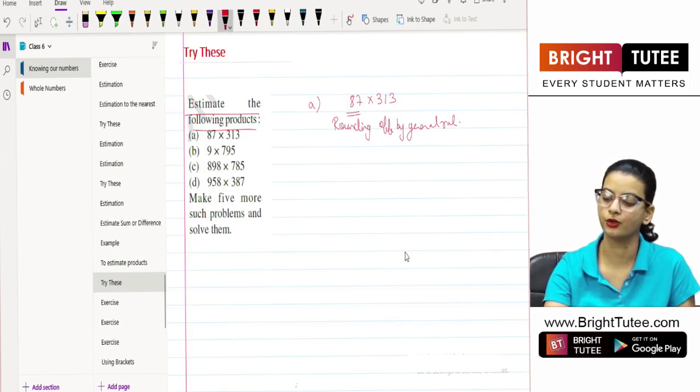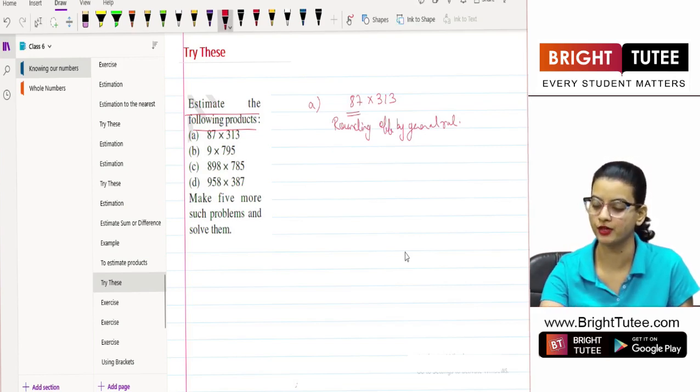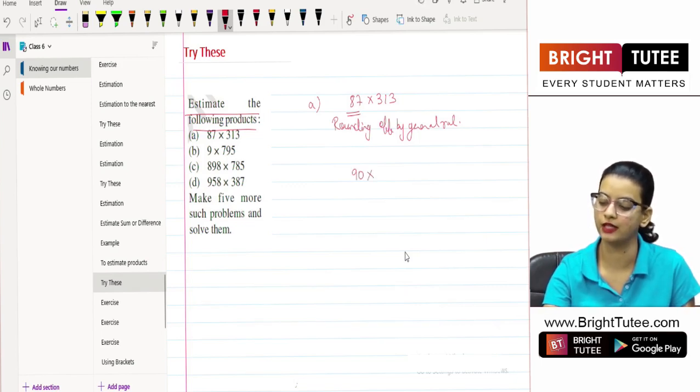This is a 2-digit number, so I am rounding this off to the nearest 10. So, this is 90 into, this is a 3-digit number, so rounding this off to the nearest 100. So, this will become 90 into 300. Okay, so this is 9 into 3 is 27 and then 0, 0 and 0.